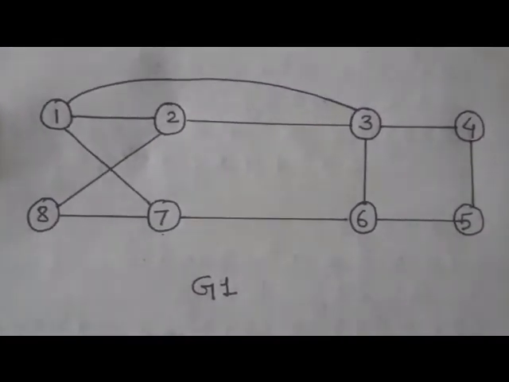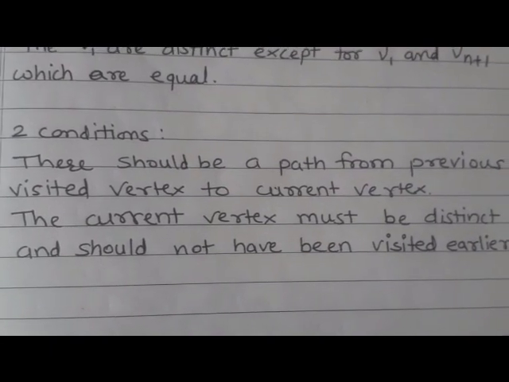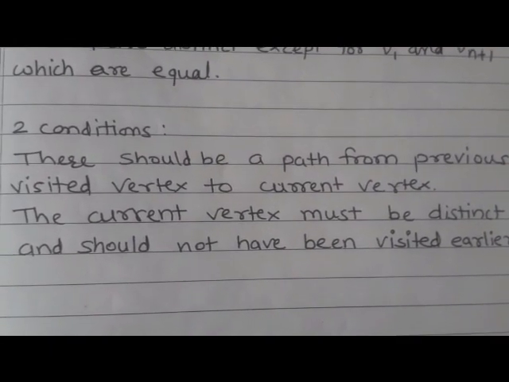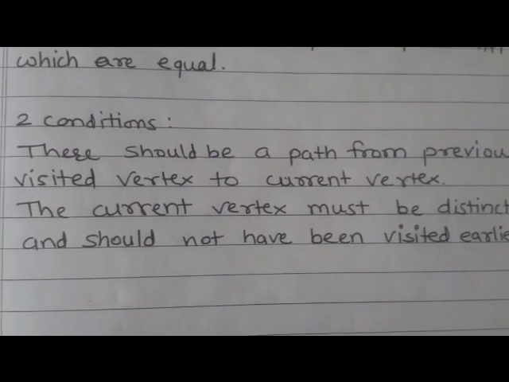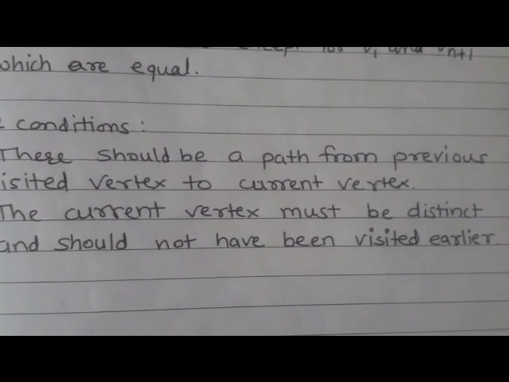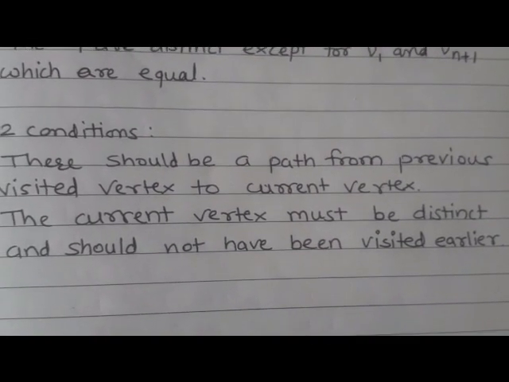The conditions: there should be a path from the previously visited vertex to the current vertex, and the current vertex must be distinct and should not have been visited earlier.